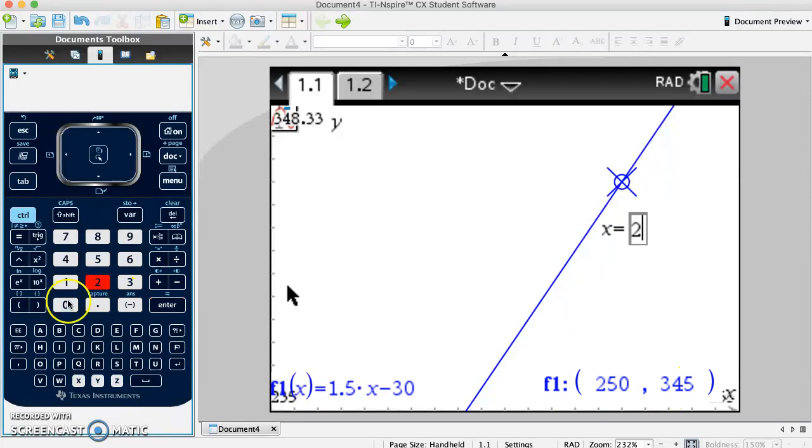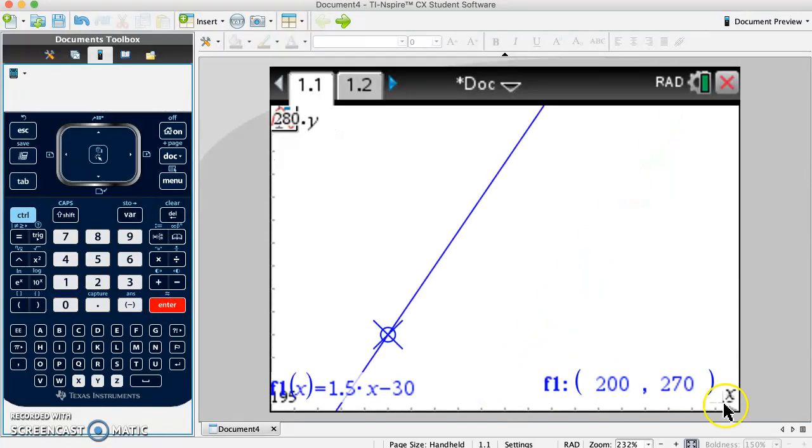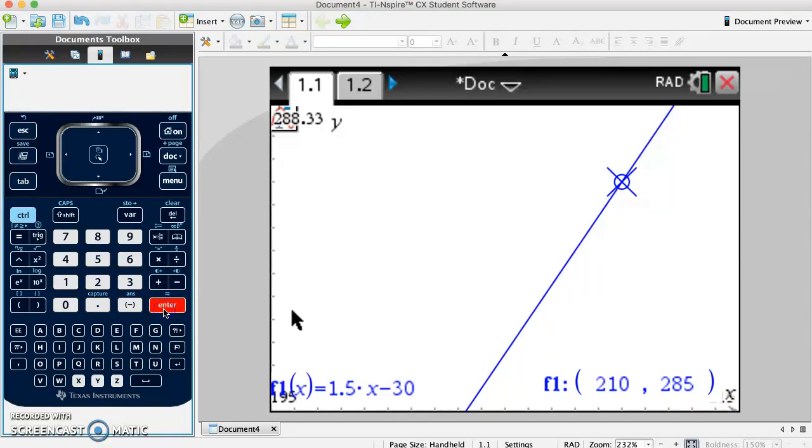So maybe I would say 200 bags. Well, now we're closer. So you can keep doing this until you arrive at the right answer. So 285, 220. So 220 bags would be a profit of $300. That may be a little easier instead of just hitting this button here to get to your answer. So 220 bags.